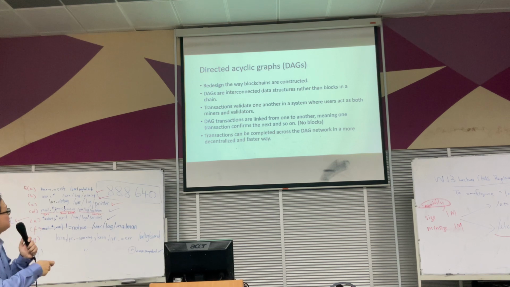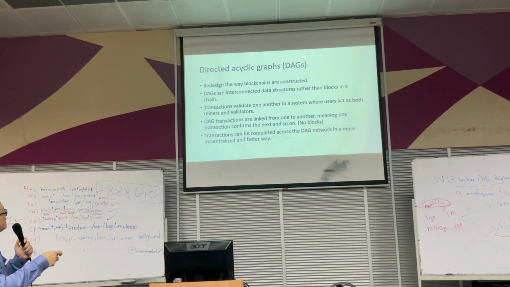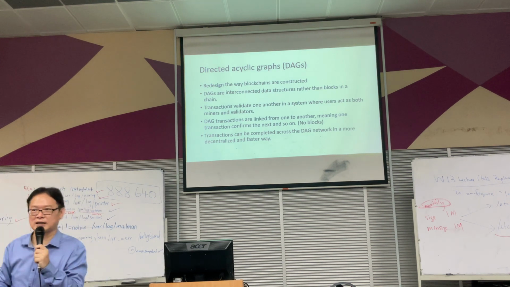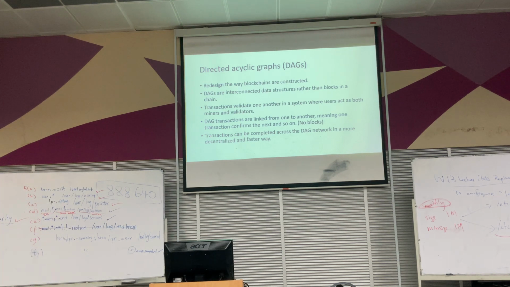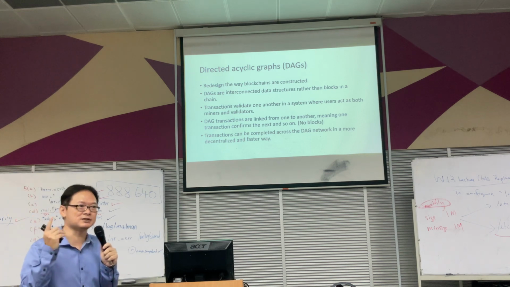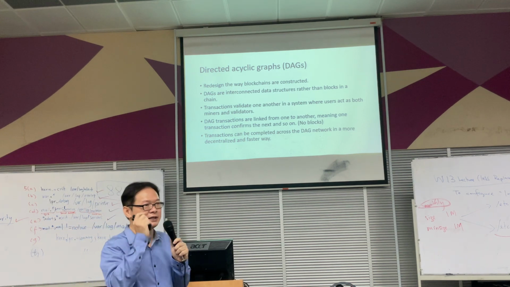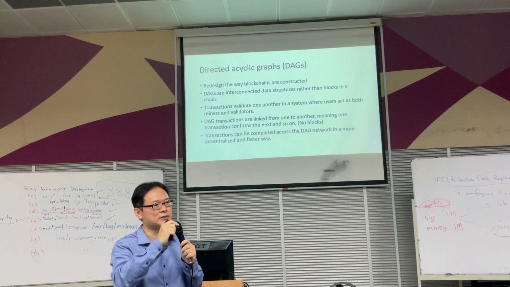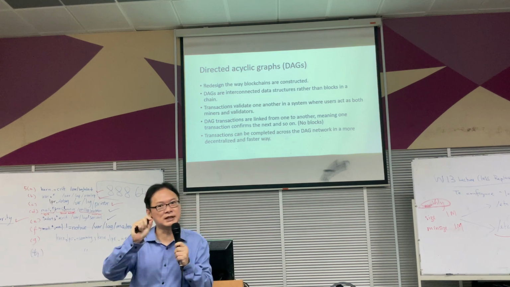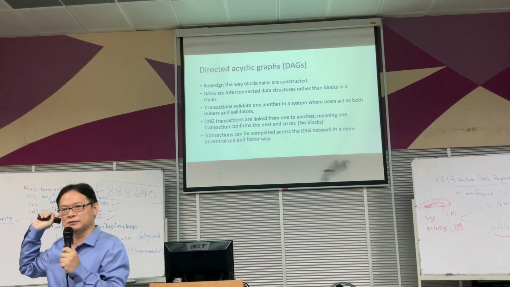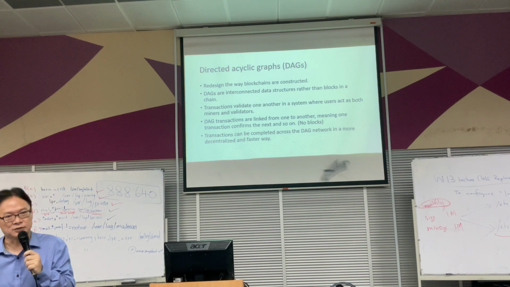You can consider using other digital ledger technology, DLT, for example, directed acyclic graph, DAG. This is a different technology. It's not blockchain. What I want to say is, if you want a more scalable digital ledger technology, this is also one of them.